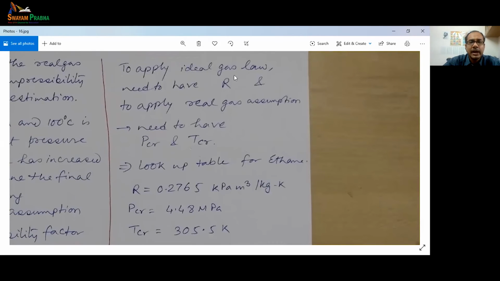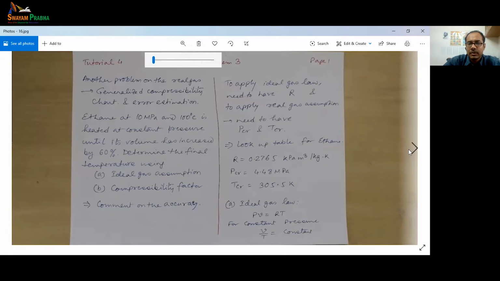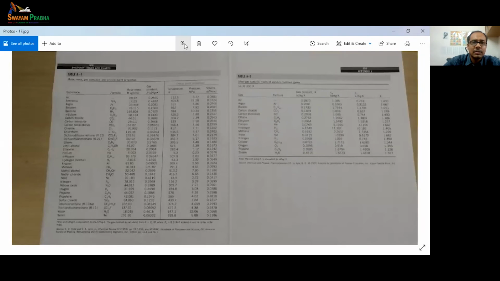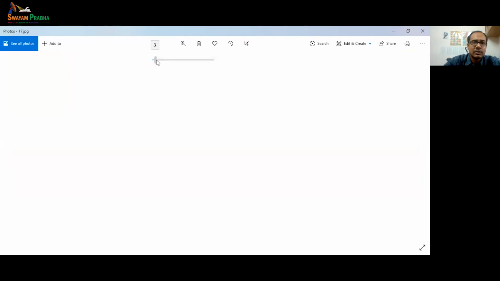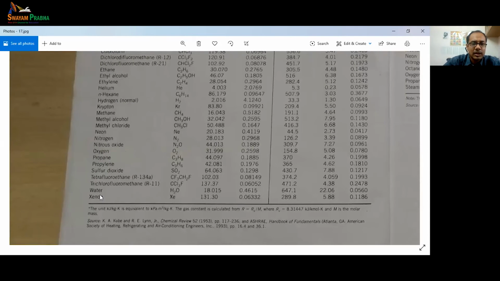Now to apply the ideal gas law, we need the gas constant R, and to apply the real gas assumption, we need the critical pressure and critical temperature. Let's look that up for ethane. This is the table we are coming to again and again. Earlier we looked at air and water.